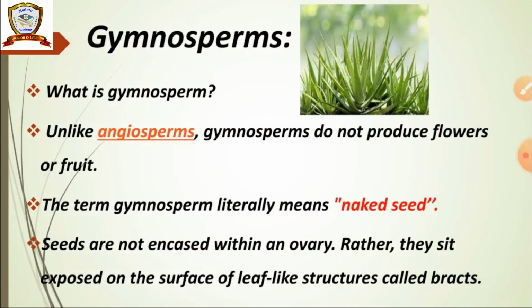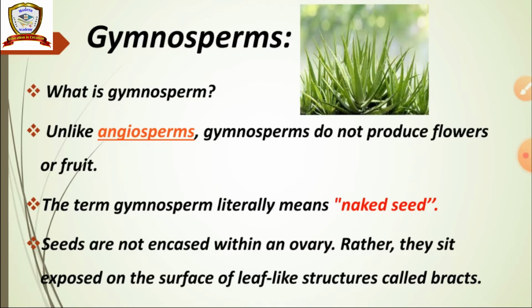Gymnosperms do not produce flowers or fruit, and this is called naked seed. Gymnosperms are also called naked seeds because the seed won't be present in the ovary. We already said seed is present in the ovary in angiosperms, but gymnosperms are non-flowering plants.